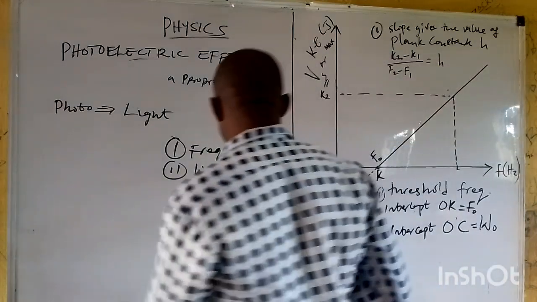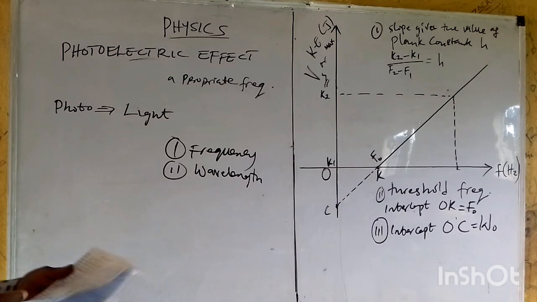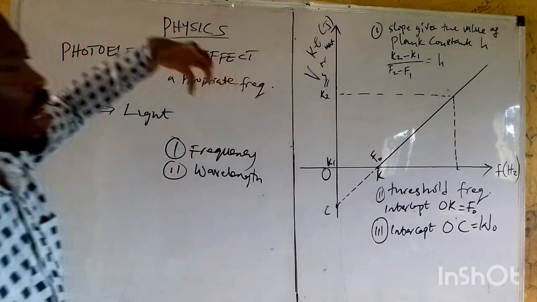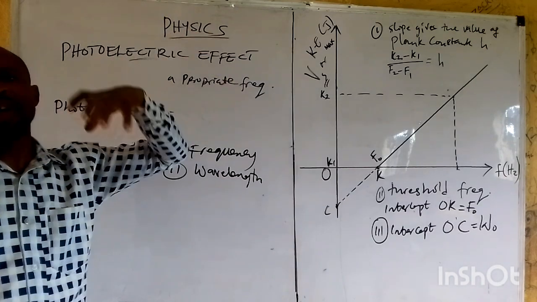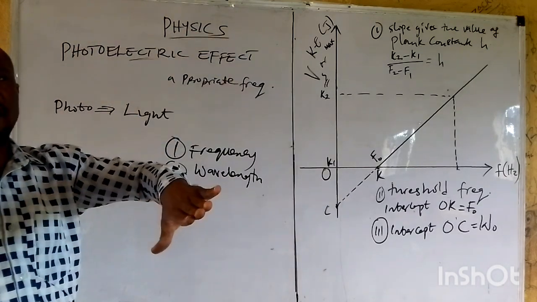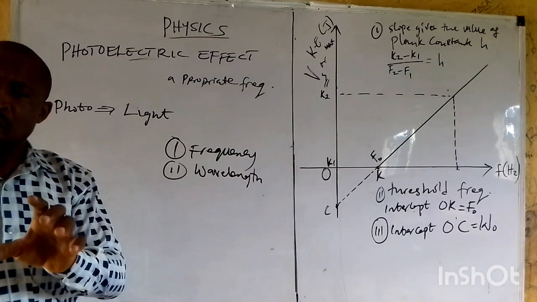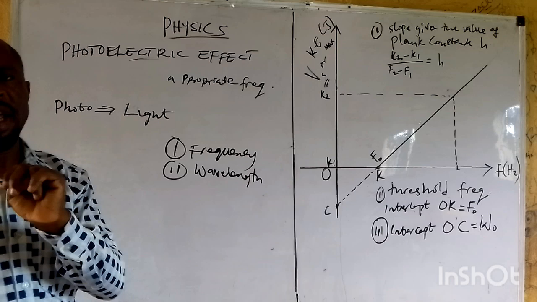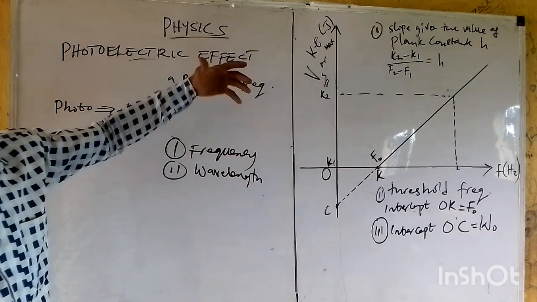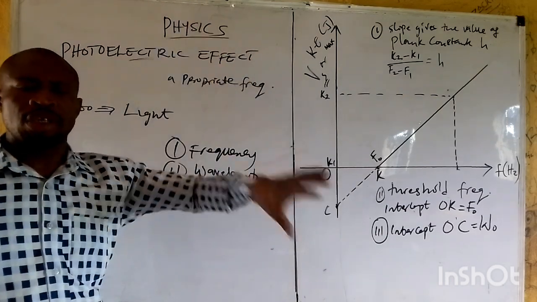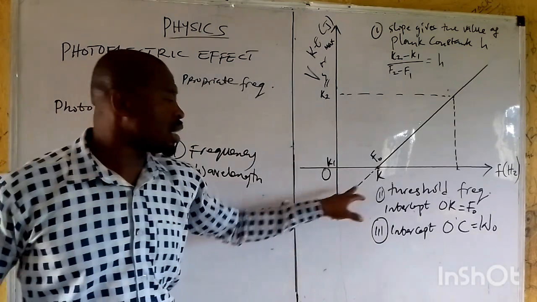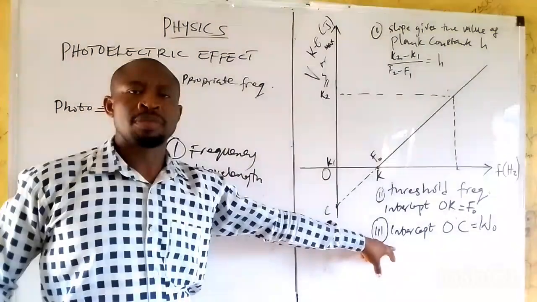Now we move ahead. If solar radiation falls on a metal surface, remember we said that electrons are knocked off. But two things will happen there. The energy of that radiation, the first thing it will do is to liberate the work function.